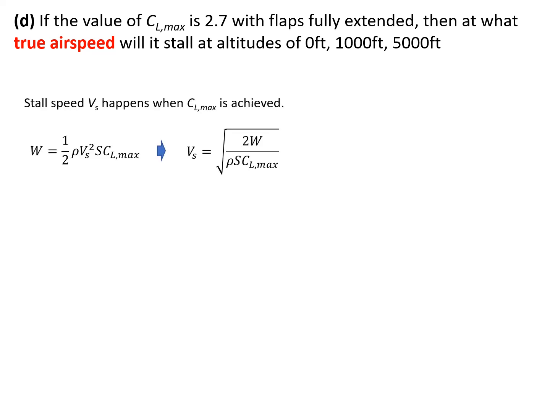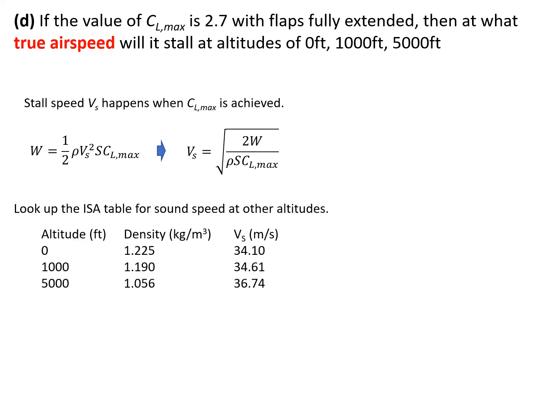Again, stall speed happens when CL max is achieved, and we have the same relation as in C. We've already got the density at 0, 1,000 feet, and 5,000 feet, so we can get the stall speed, and this true airspeed is smaller than in question C, because this time CL max is increased.